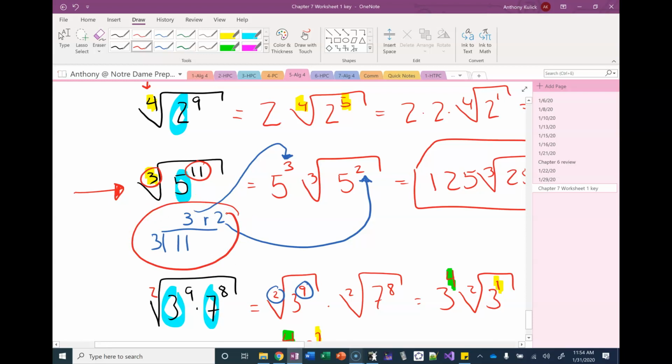So I get 3, remainder 2. The 3 tells me the exponent on the number outside the radical. And the remainder, the 2, tells me the exponent inside the radical. That's what we're doing each time. Okay, so let's try another.